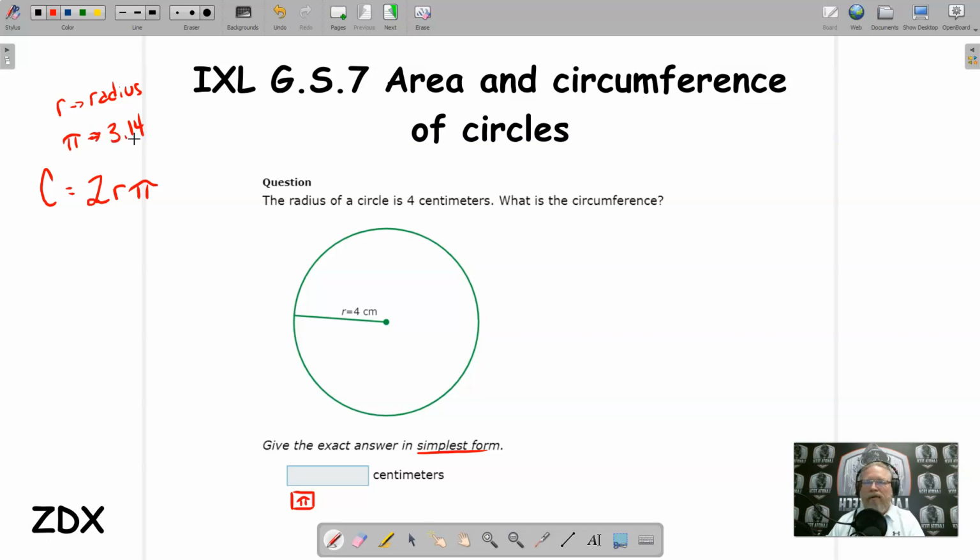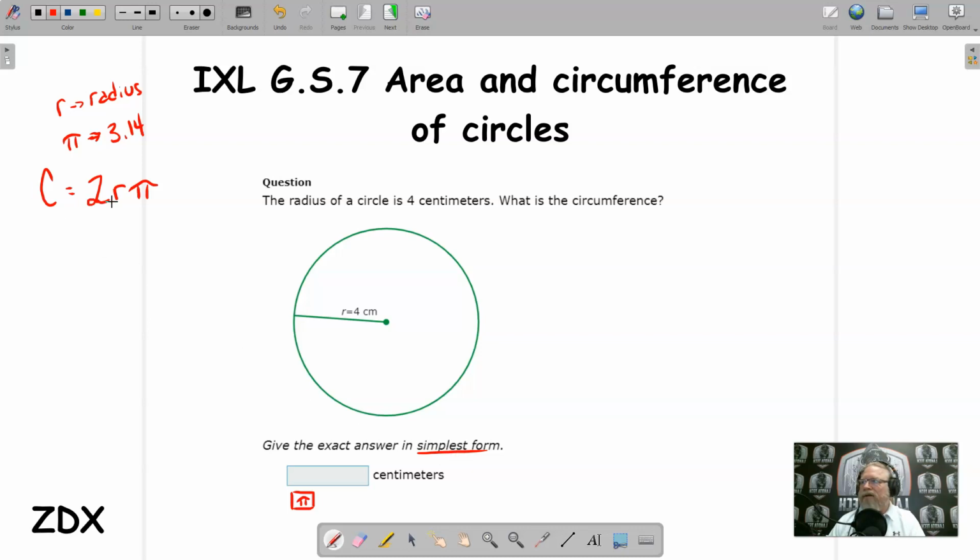It's not just 3.14, it's 3.14 with a long string of other numbers, and I think somebody's calculated it out to like 30-some decimal places. It's crazy. So you can't actually use it to get an exact answer because it's an irrational number. Using the pi button would give you an exact answer, and that's what they're talking about when they talk about simplest form. They want it in terms of pi.